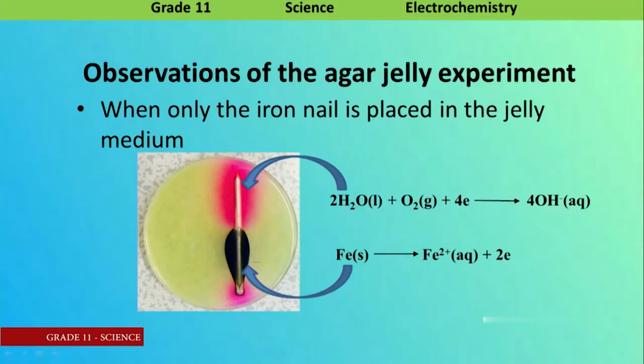The dark blue color indicates that an oxidation reaction has taken place and iron atoms are oxidized to form ferrous ions. Right. Okay.